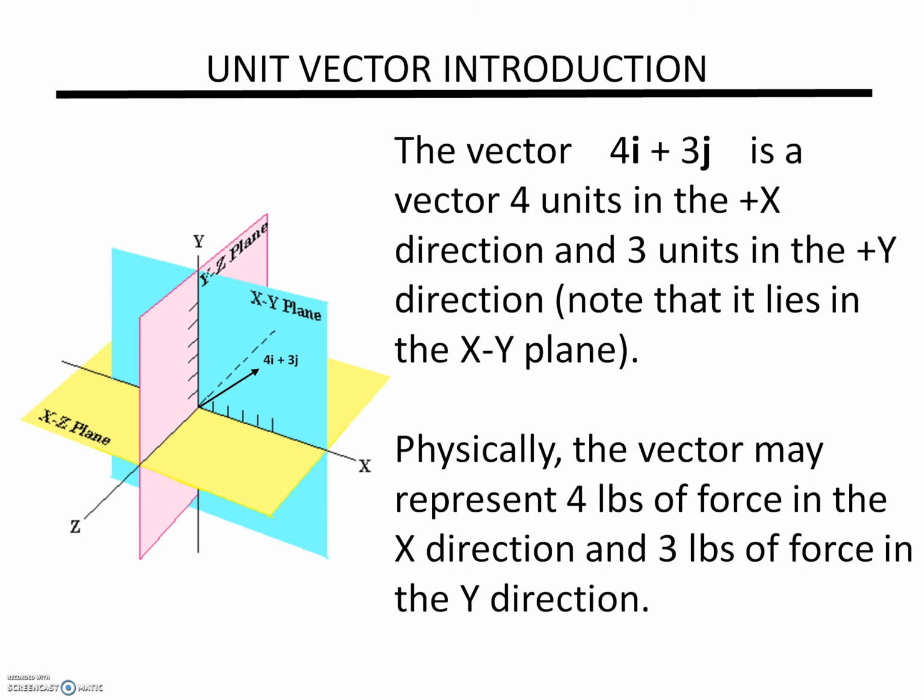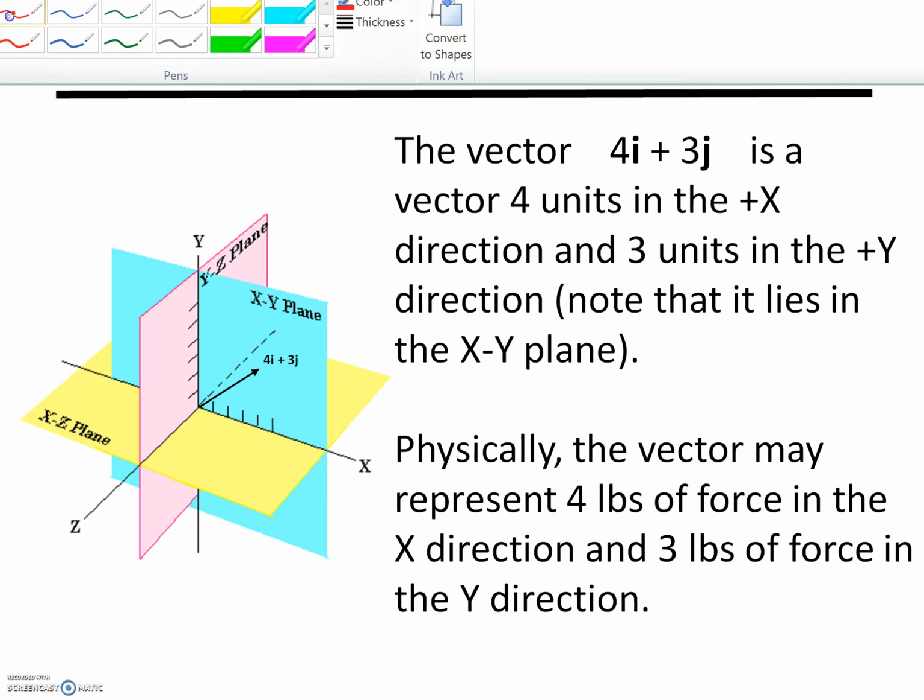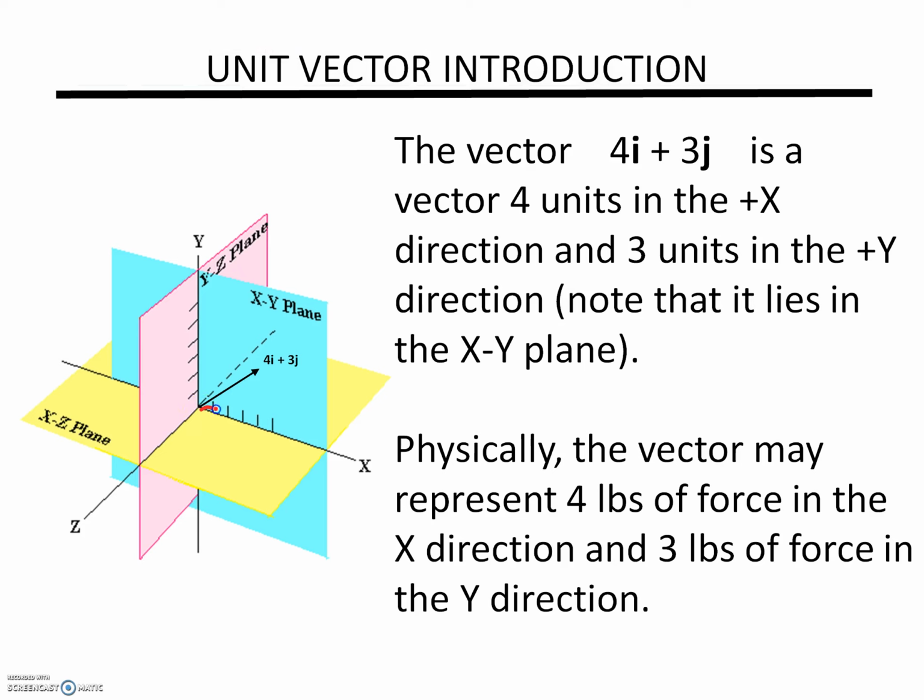And here we go, 2 dimensions. The vector 4i plus 3j is a vector with 4 units in the positive X direction, and then 3 units in the positive Y direction. Notice that we're adding 2 vectors here, 4i plus 3j, just like you saw. This is a right triangle now.